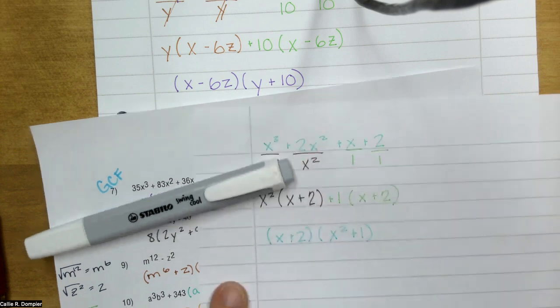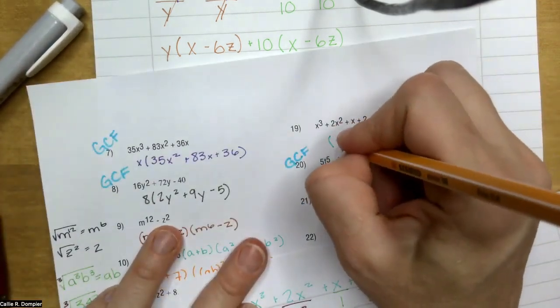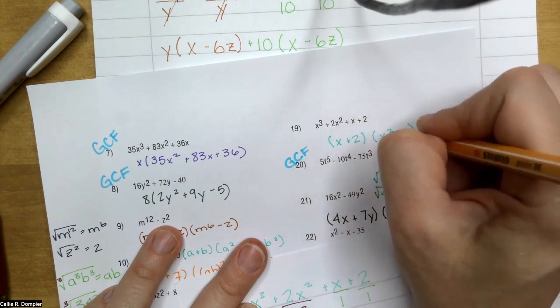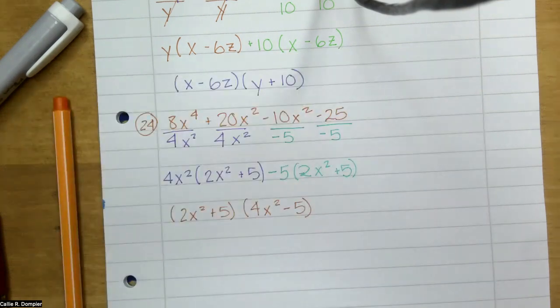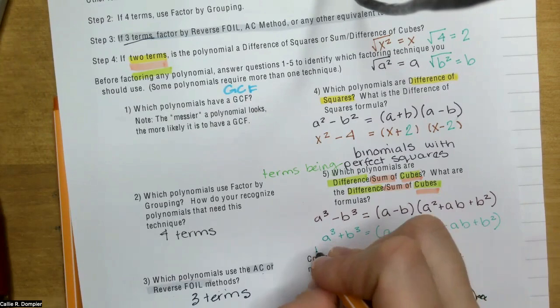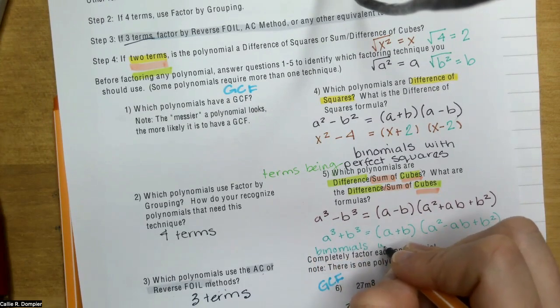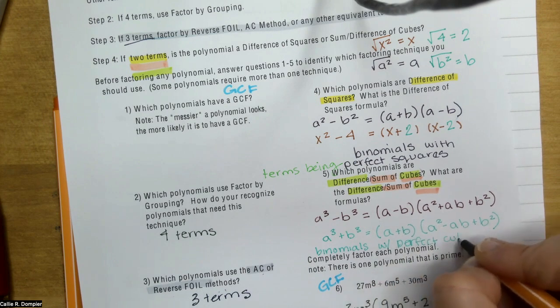Oh, sorry, couldn't even see that. Good? x plus 2 times x squared plus 1. So that one's for binomials with perfect cubes.